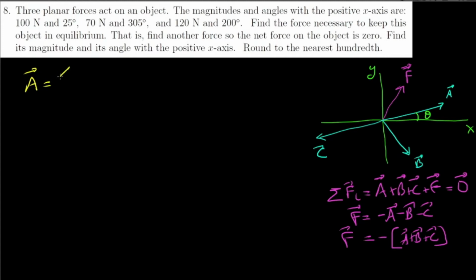And it's not hard. A is just 100 times the cosine of 25 degrees, and then the second component is 100 times the sine of 25 degrees. Since we're going to round later, we might as well round right now. So 90.63, and then 42.26.